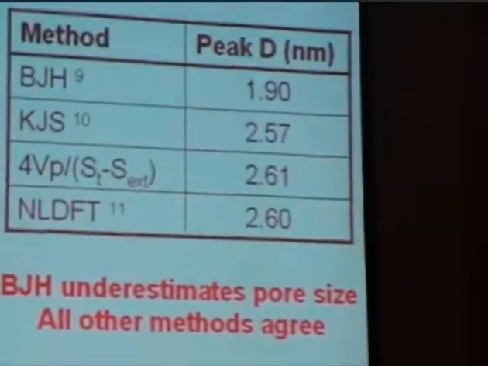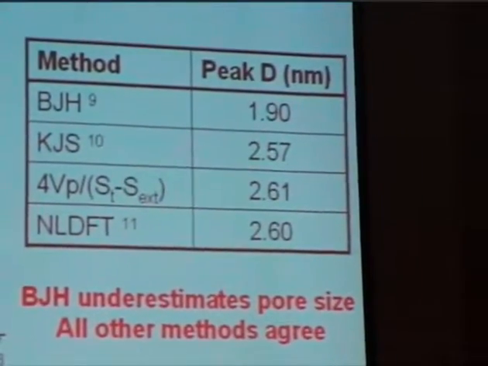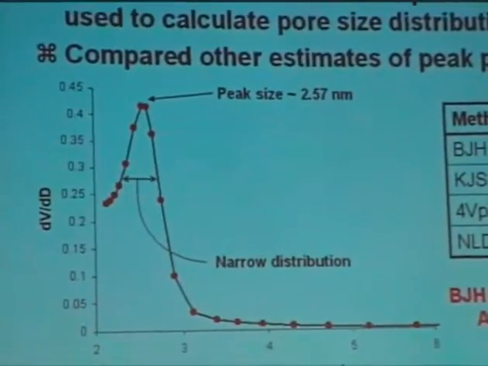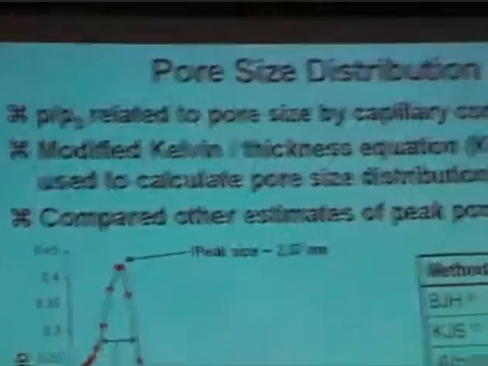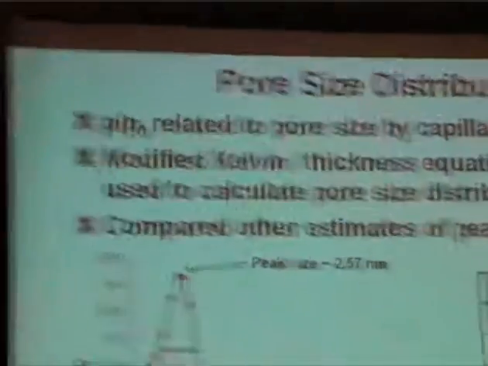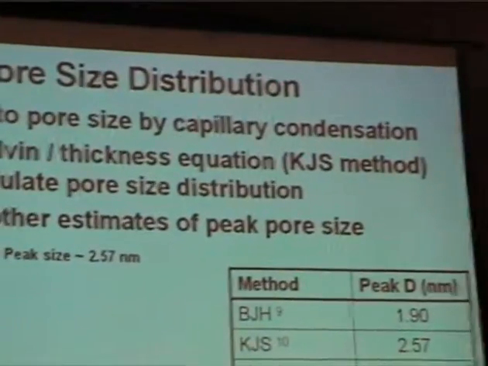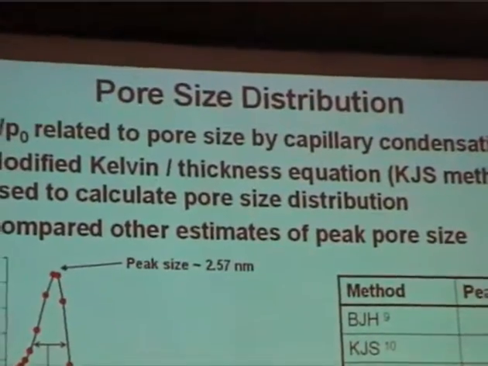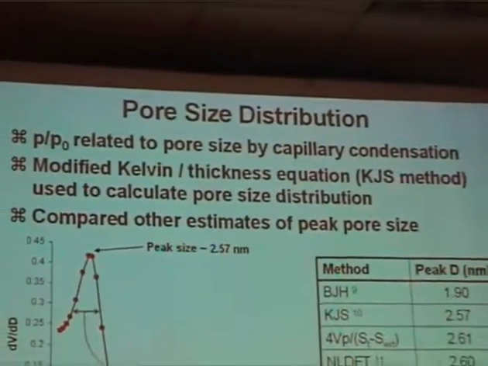But the important thing is that we have thought about this, and we've used a method that has been validated for these types of materials, for silica and nitrogen adsorption, and we get a pore size distribution that's fairly narrow. So most of our pores are below 4 nanometers, and we have a peak pore size of about 2.57 nanometers, which is similar to what we could get with the hydrocarbon surfactant.